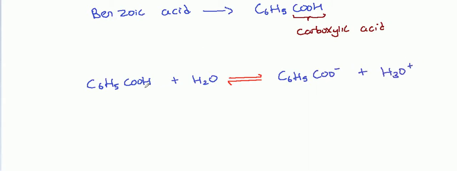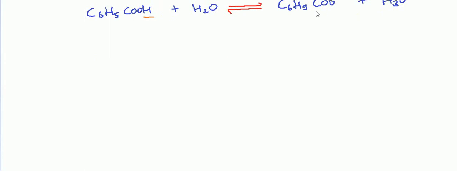That is, I have this hydrogen which goes away. If we consider the structure of this molecule, it will be like this. I have my benzyl group, and then my carbon double bond O, and then OH here.